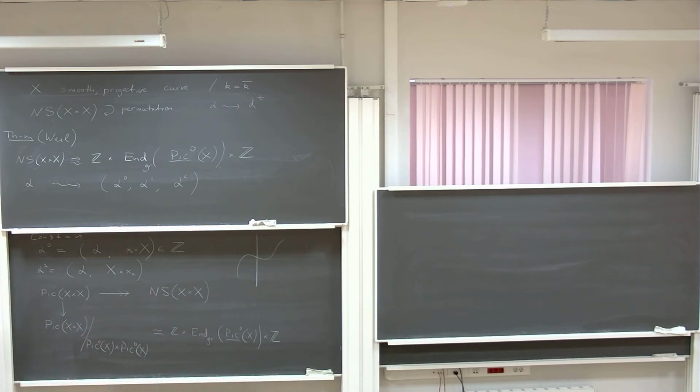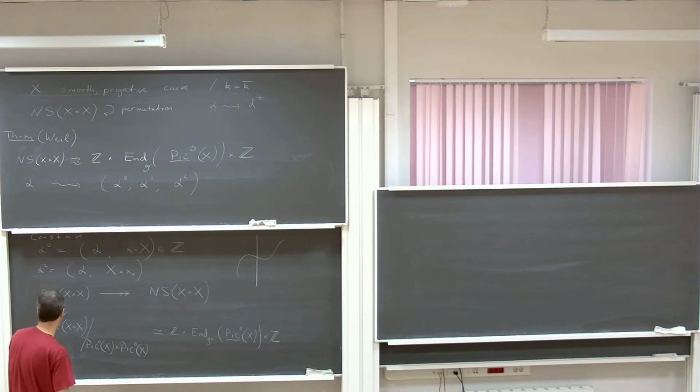So essentially, remember that if you have a line bundle with a trivialization at X0 times X, then it defines a map from X to the Picard scheme by the universal property of the Picard scheme. And we proved that this map extends uniquely to an endomorphism of the Picard scheme. That was the idea.